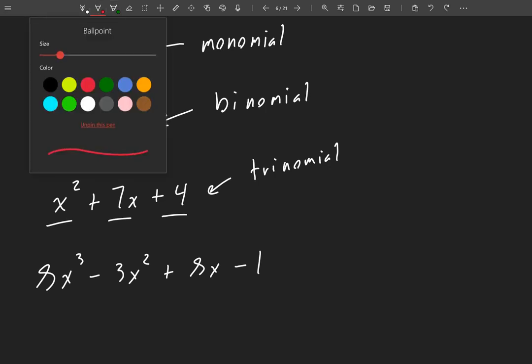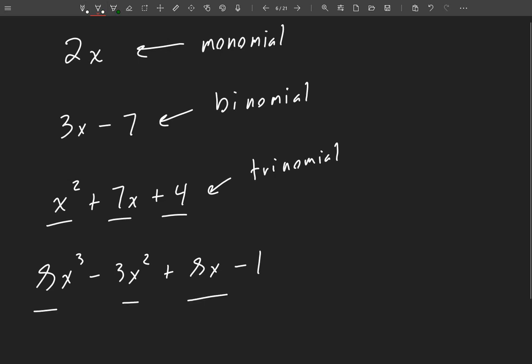Now, after we get past trinomial and we have 4 or more pieces, like say this one down here, it's got 4 pieces. Once we get larger than 3, we stop counting. I mean, there are terms for it, but we really don't use them most of the time. So we just say, in general, these are just polynomials. Okay, so anything larger than 3 pieces, we just say it's a polynomial.